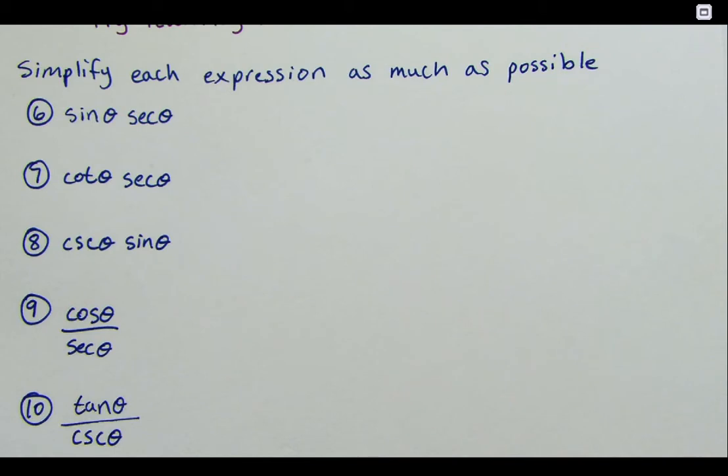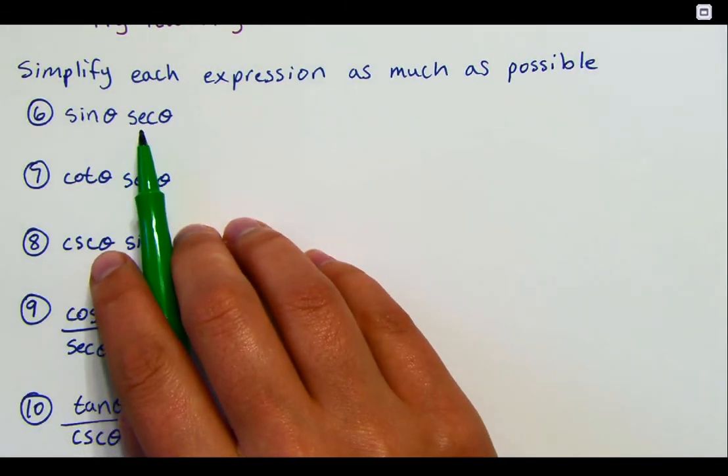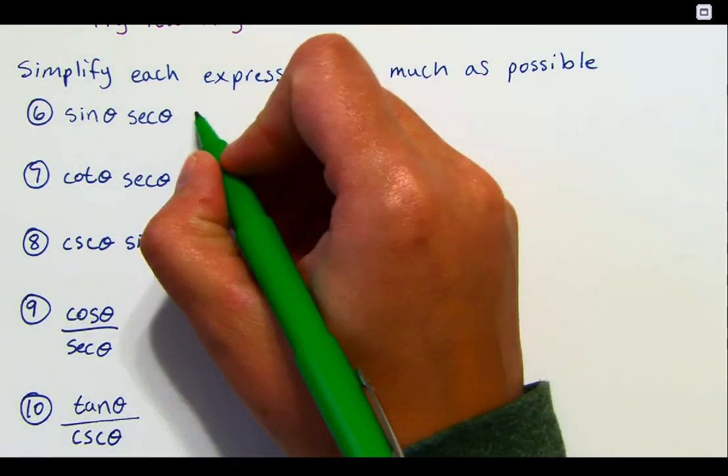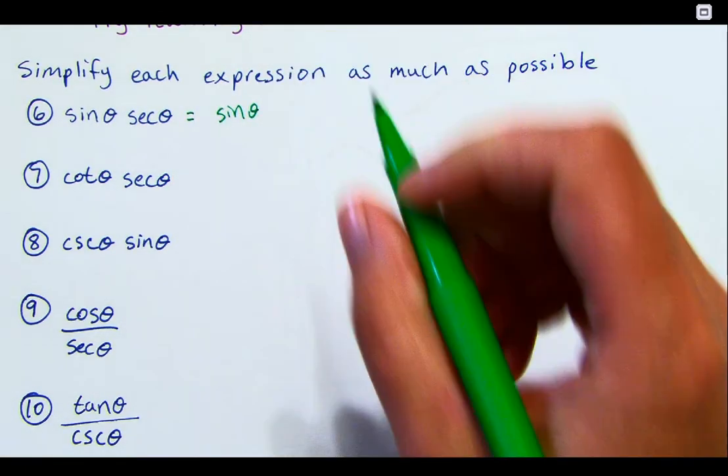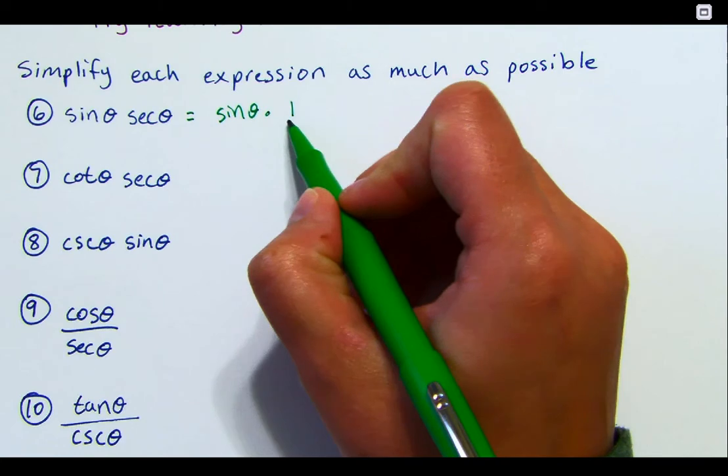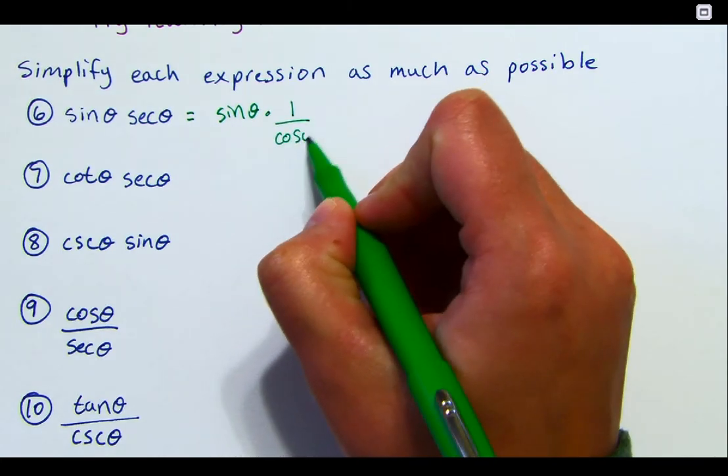All right, so simplifying each expression as much as possible. Again, our goal is to get it down to a single term or a number. And to start with, when we replace, usually we replace things other than sine and cosine. So I'm going to start with this secant and replace it with its reciprocal function. So this is going to be equal to sine theta times 1 over cosine theta.